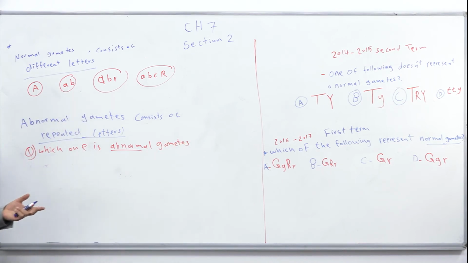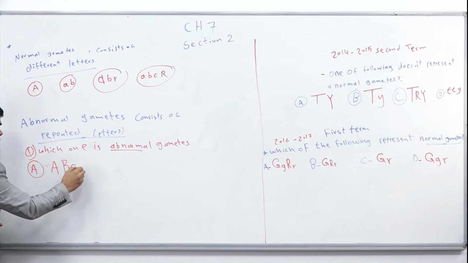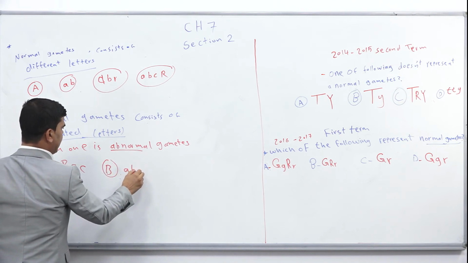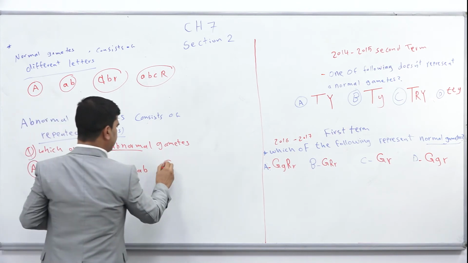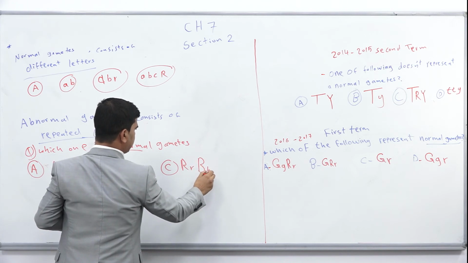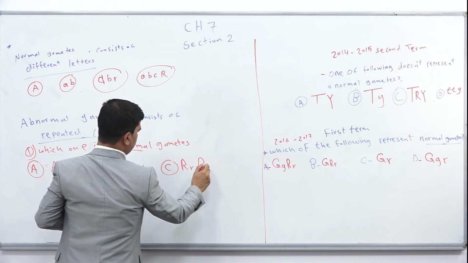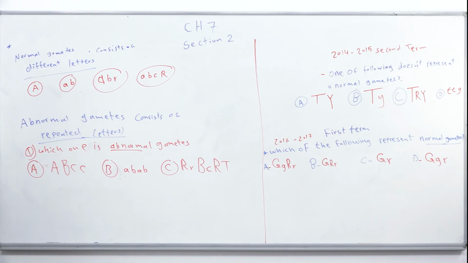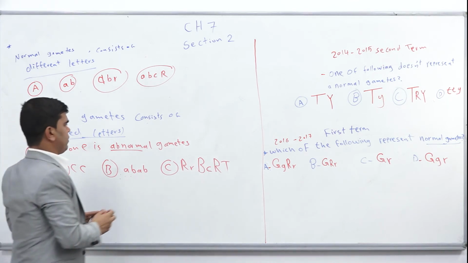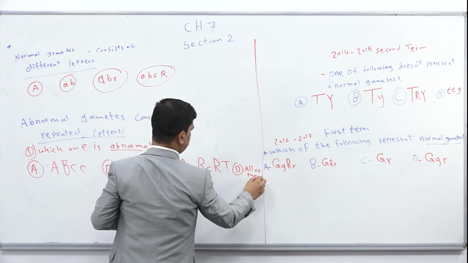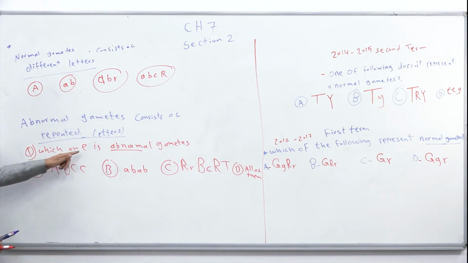A, B, C, C; or A, B, A, B; or C, R small, R capital, B capital, B small; or for example B small, R, T. So which one is it? D, all of them, or all of the above? Which one is the abnormal gamete?